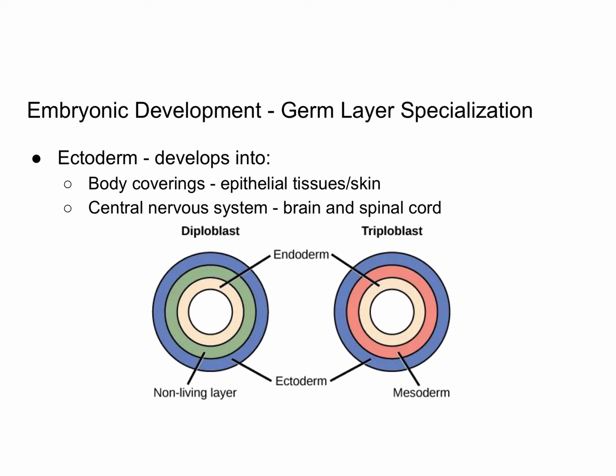The ectoderm turns into the covering of the body. So, for example, with humans, we're taking a look at epithelial tissue, which makes up the epidermis, or the surface of our skin. The central nervous system also develops from this germ layer as well. And your central nervous system consists of the brain and spinal cord.